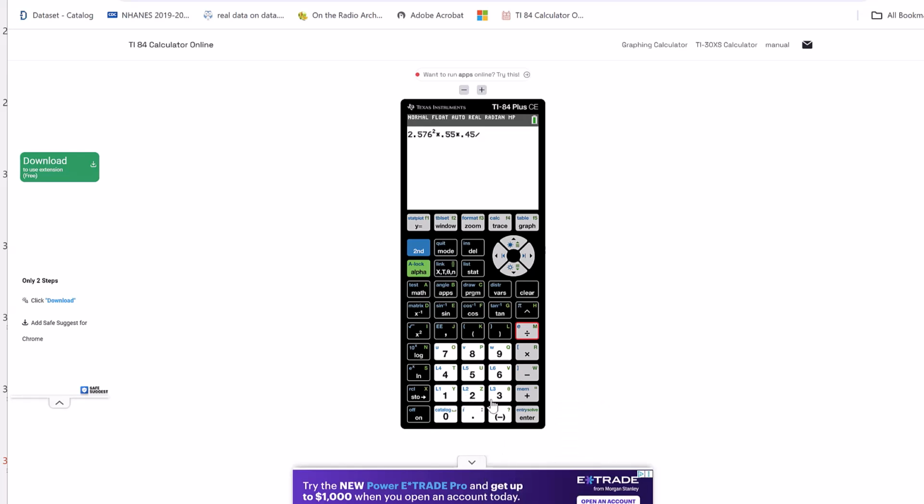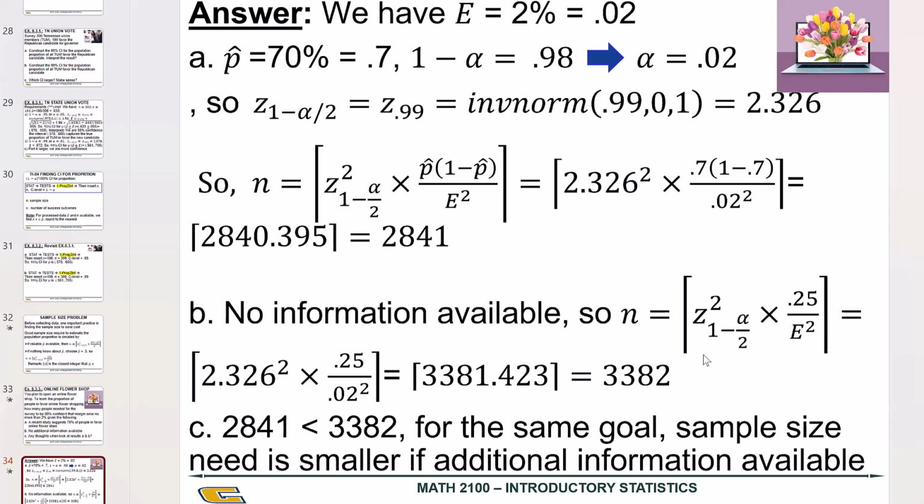I'm sorry, divide by the error, but remember, you have to square the error. A lot of the time I see you make the mistake of forgetting the square here, and it comes to the wrong answer. So let's check everything here. Good. We should be fine now.